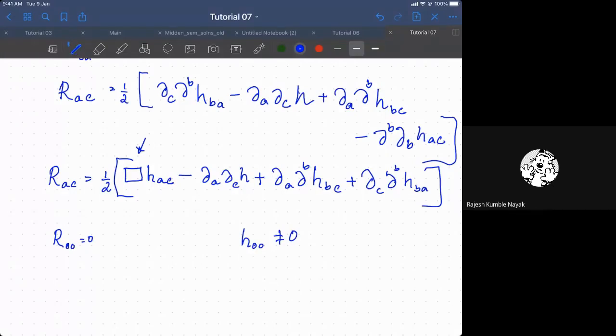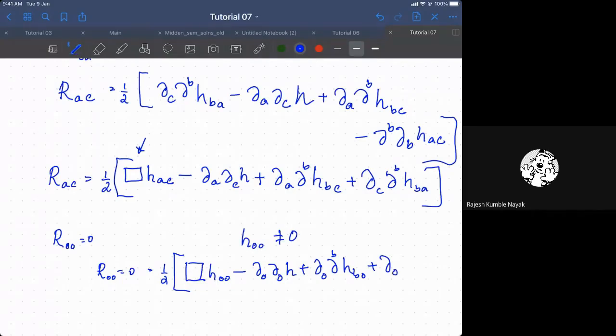So this leads to R00 equal to 0, equal to half box H00 minus, A is 0 and C is 0, that is H, plus A is 0, then this B will remain, HB0, and then we have 0, then B, H, B, and 0. So this is what we get.